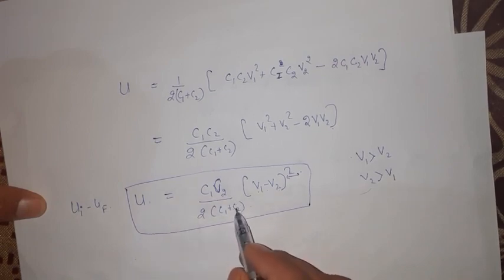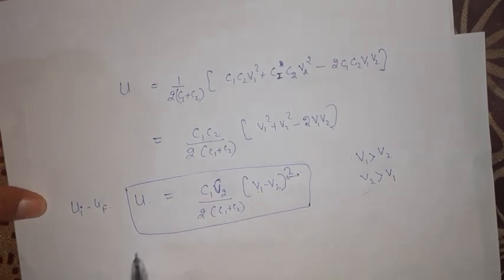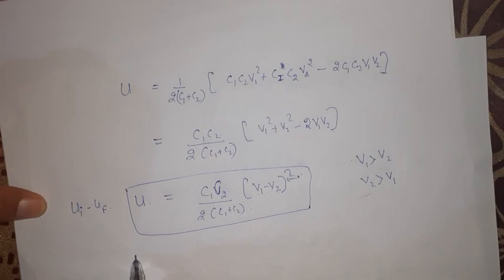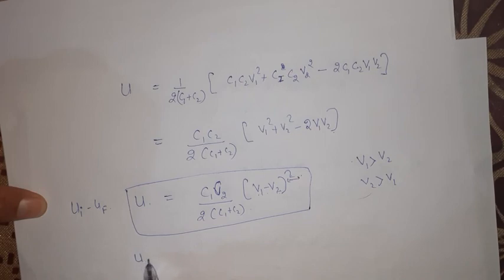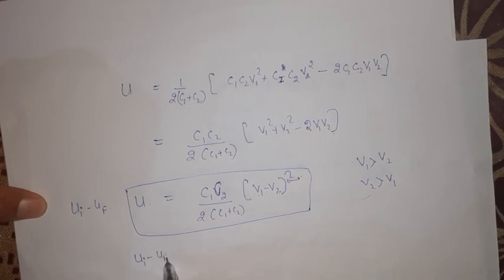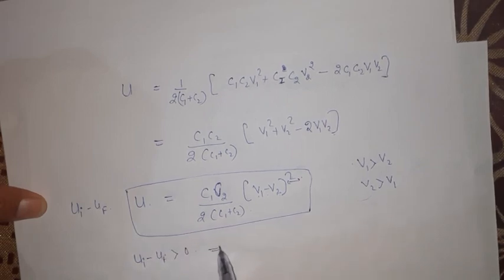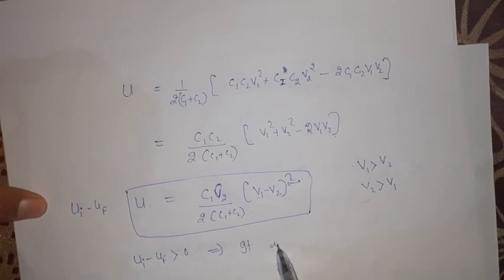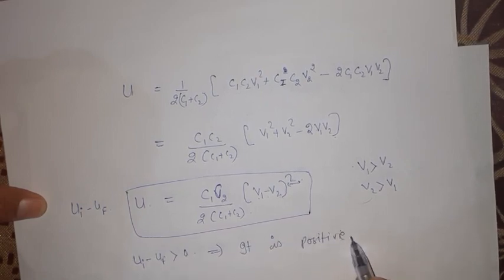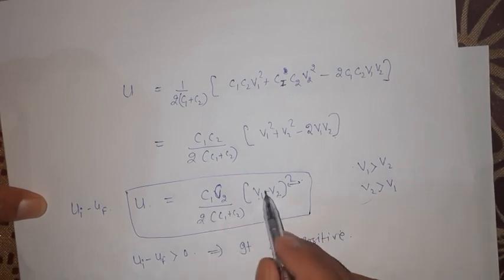This is loss of energy, and you will get that this loss of energy is going to be greater than 0. Initial minus final is greater than 0, so that means it is a positive quantity. So already we come to know over here that this loss is going to be positive.